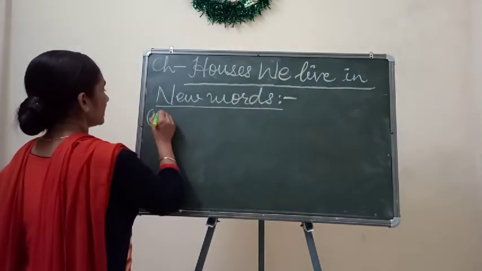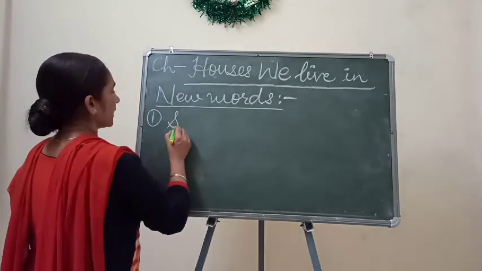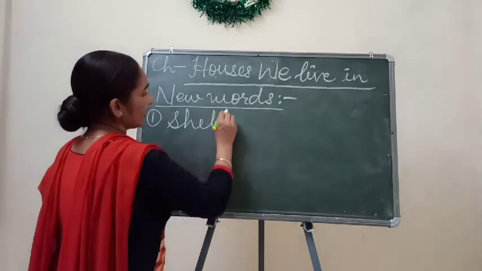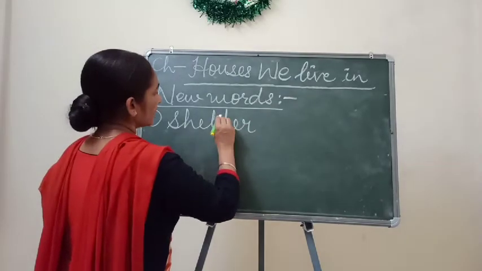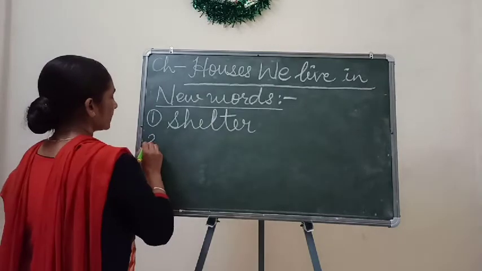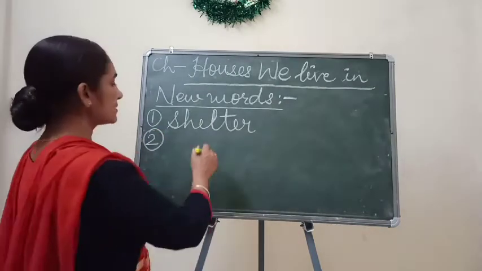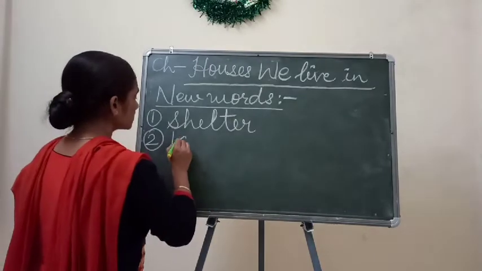First word is shelter. S-H-E-L-T-E-R. Shelter. Second is kacha house.